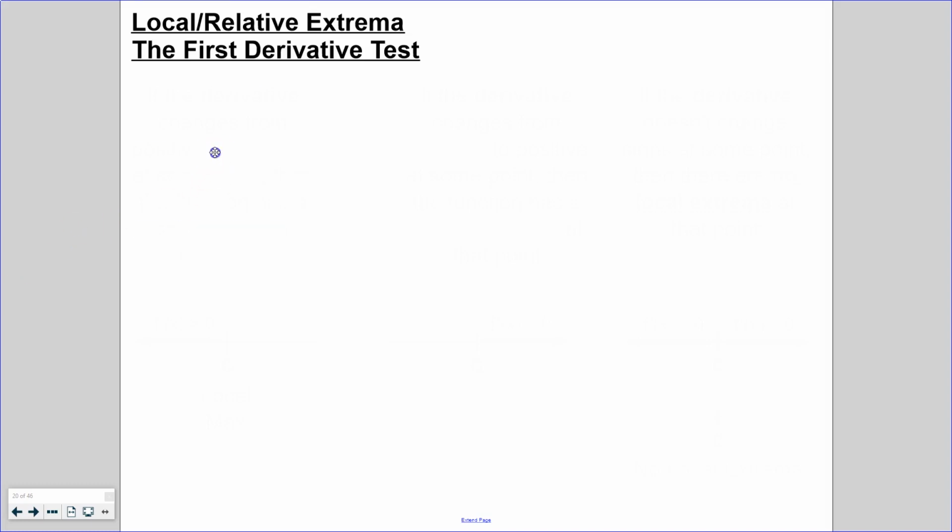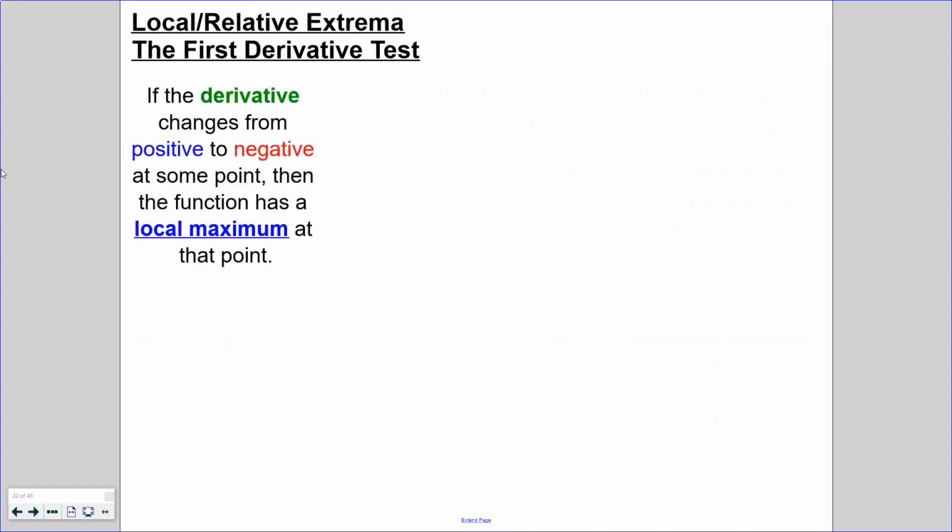Well, the first thing it says is if a derivative changes from being positive to negative, then the function has a local maximum at that point. So for example, if we have our critical point, x equals c, and if our derivative changes from being positive to negative, that means c is a local maximum.